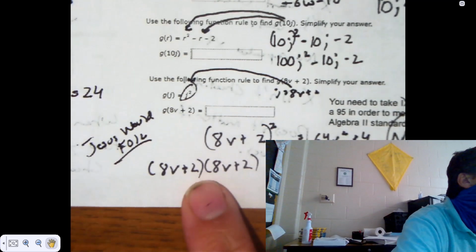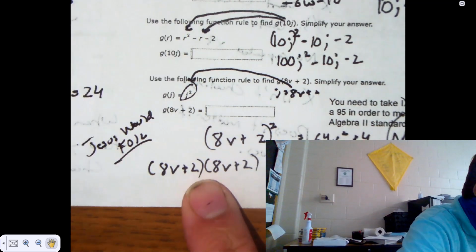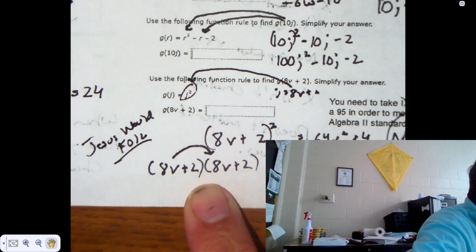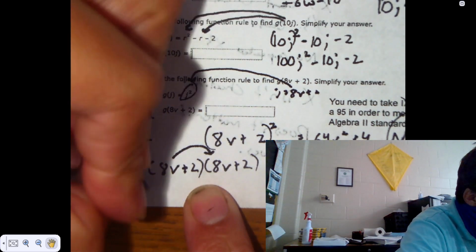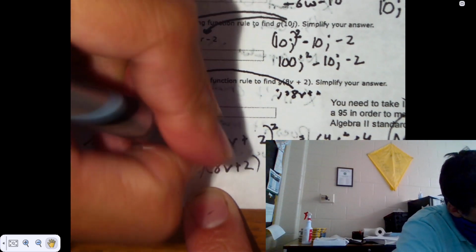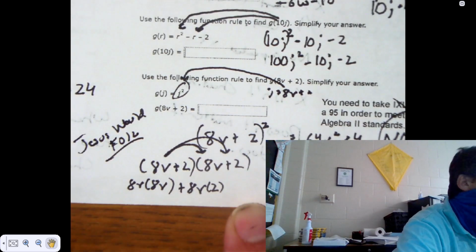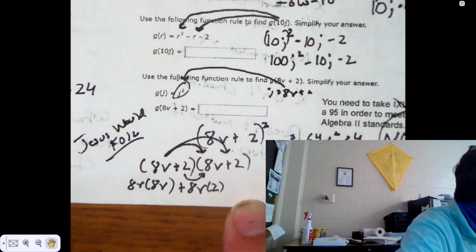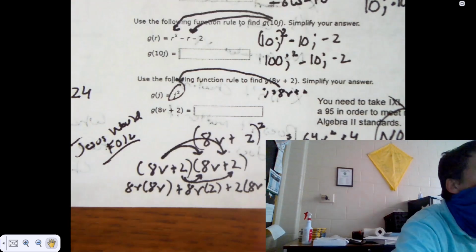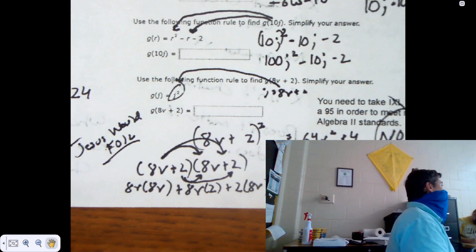And you foil. Back in 1992 or whenever I took algebra, we just drew arrows. We figured out what 8V times 8V is. Then we drew another arrow. We figured out what 8V times 2 is. Then we drew another arrow. We figured out 2 times 8V. Then we drew one more arrow. We figured out what 2 times 2 was. That's foiling.